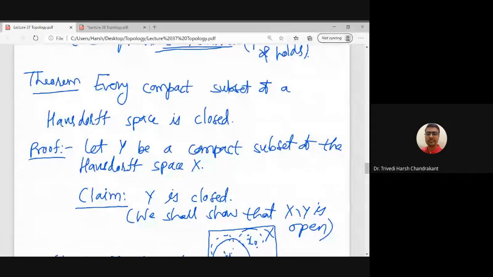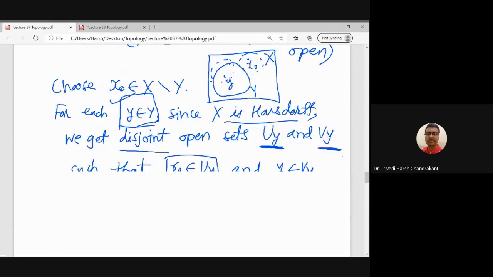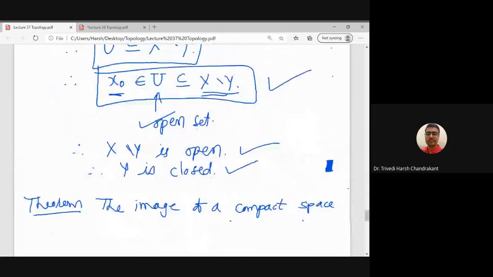If I have a compact subset of the real line, it is always closed. The application of this result is that if I have any subset of the real line which is not closed, then it cannot be a compact space. For example, an open interval, which is a subset of the real line that is not closed, is not compact using this theorem. So this is one of the applications.